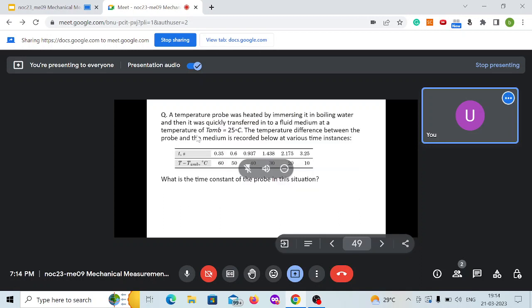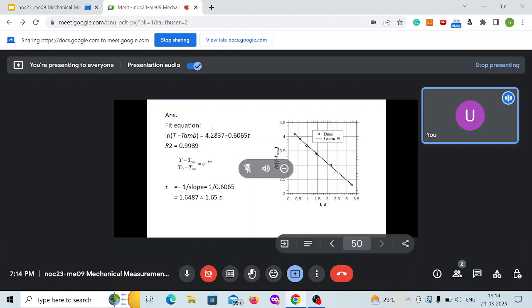We don't know the actual temperature at which the thermometer was, but it will be fairly close to 4.2837. The R square value, which shows how good the fit is, is 0.9989. This is fitted in Excel, and it is similar, 0.9989.